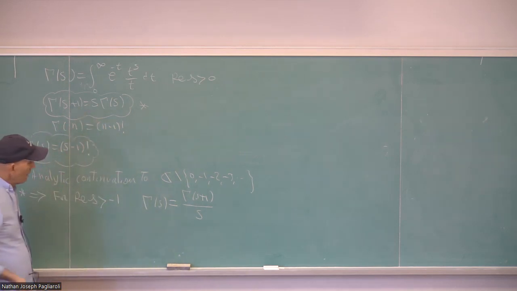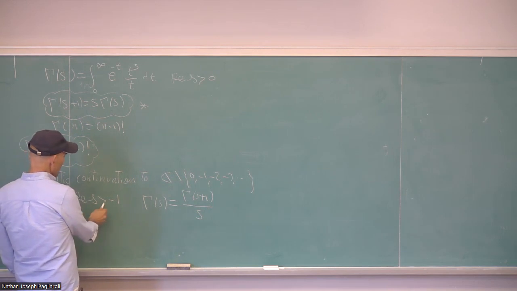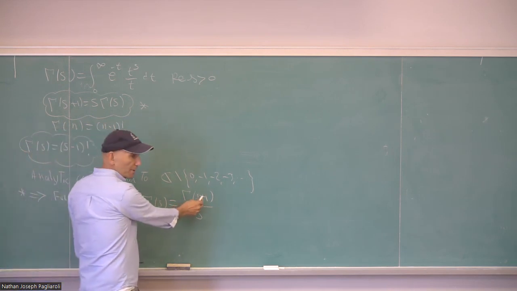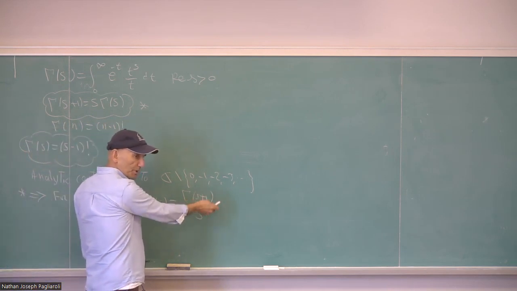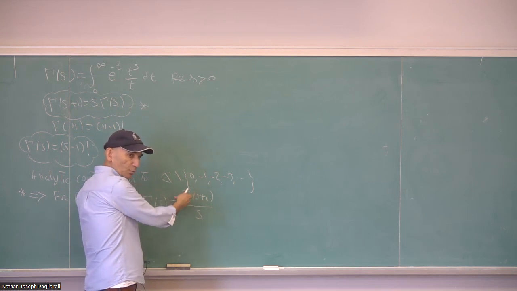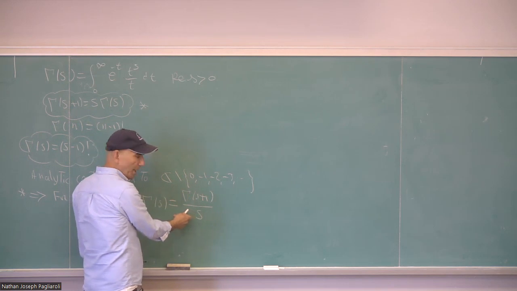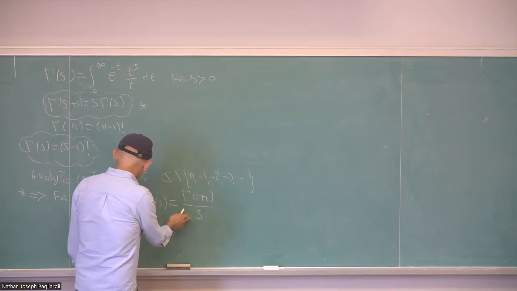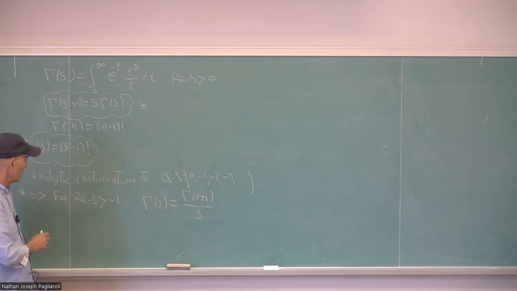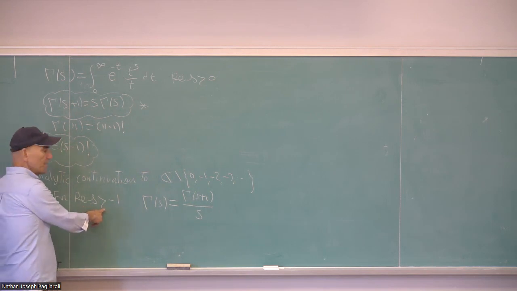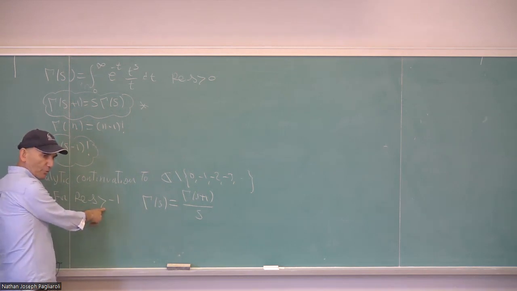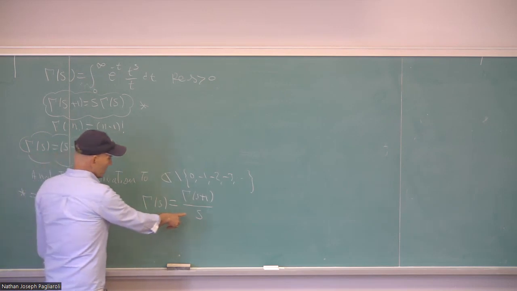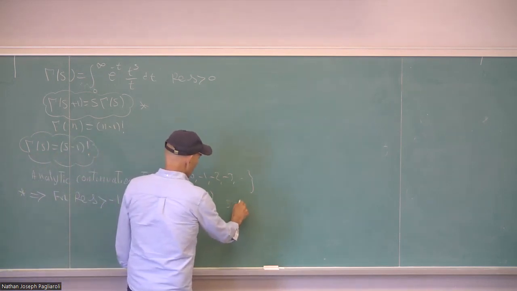It works because for real part of s bigger than minus 1, the real part of s plus 1 is bigger than 0. So that's in the domain of gamma now. So I can take the gamma, divide by s, it is okay. But there is one point that we have to avoid, that's 0, because s different from 0.